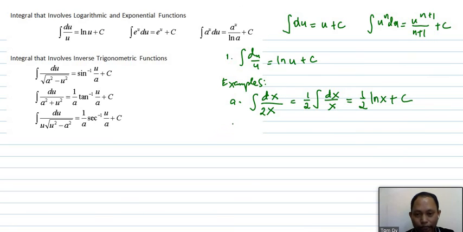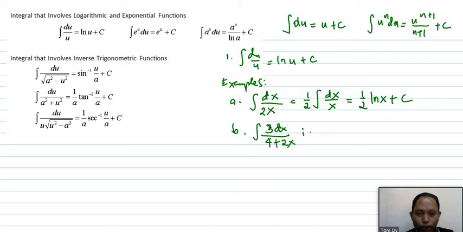Okay, another example: we have the integral of 3 dx over 4 plus 2x. If you have noticed, the exponent of your whole denominator is 1.